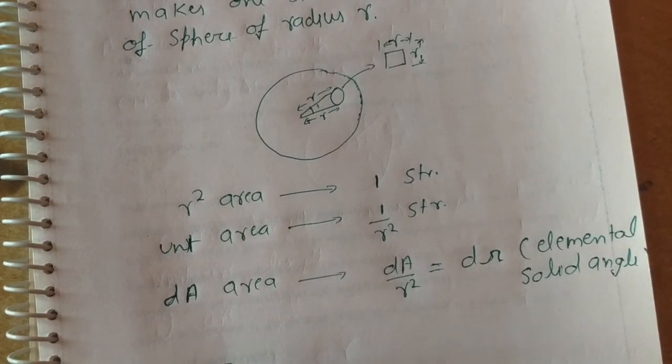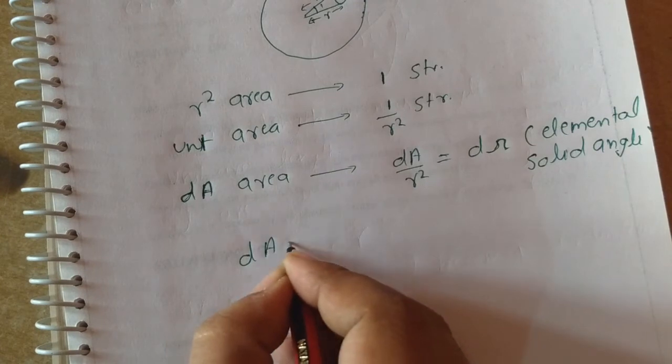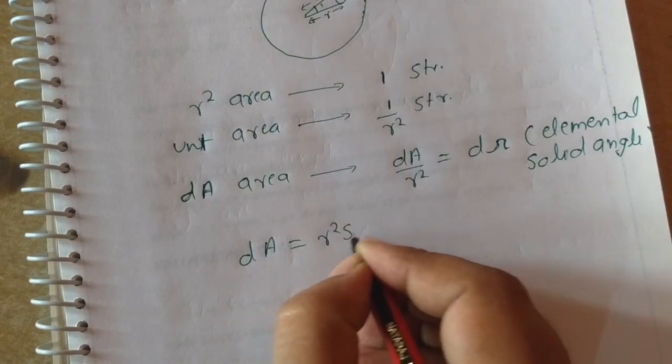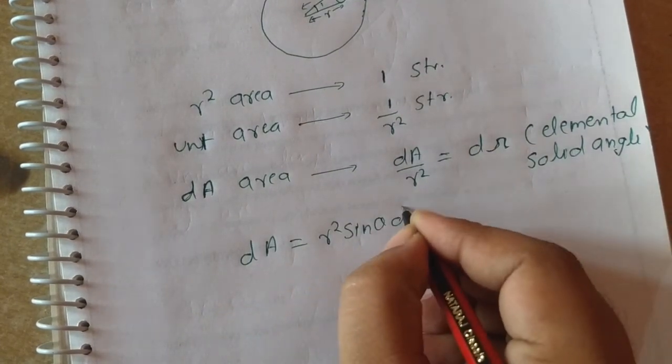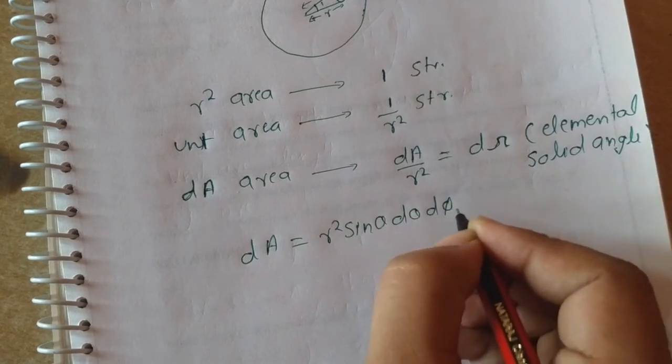And we know dA equal to r square sine theta d theta d phi.